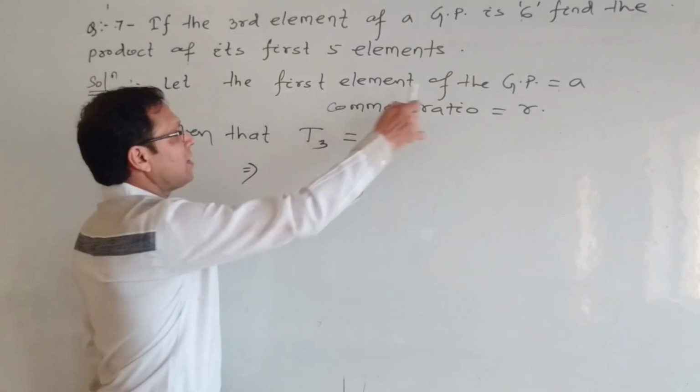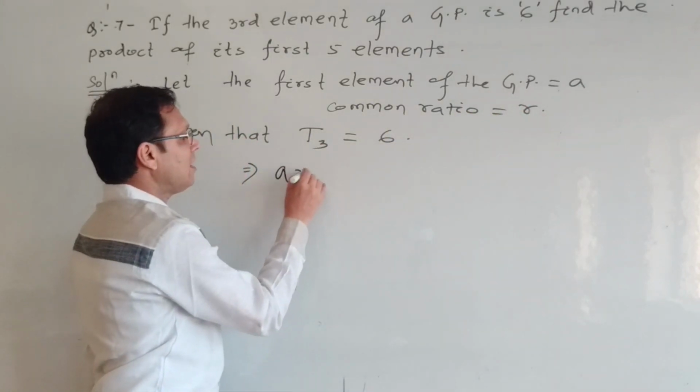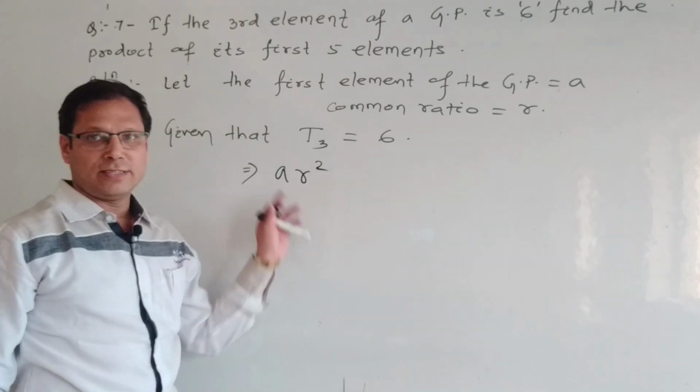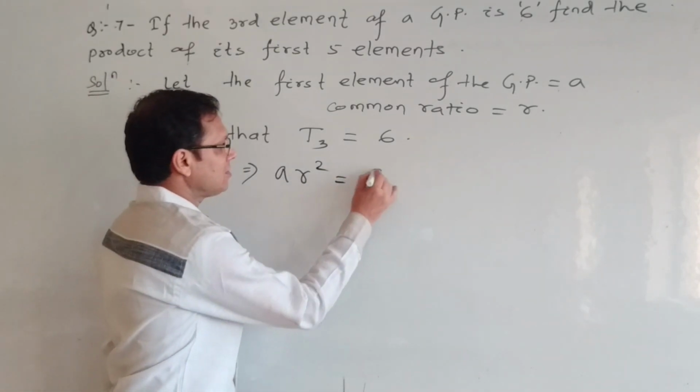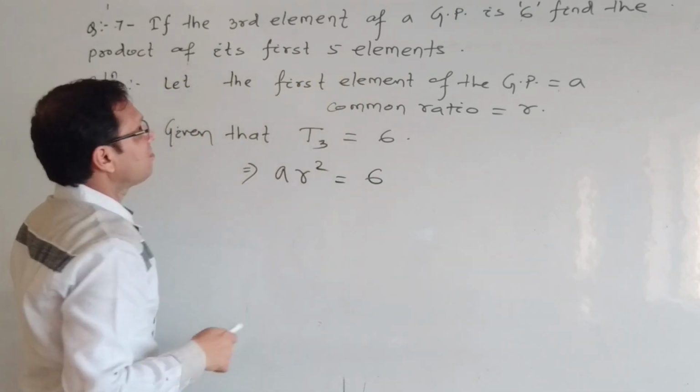If the first element is A and the common ratio is R, then T3 is equal to A R to the power 3 minus 1, that is AR square. AR square is equal to 6. Now we have to find the product of its first 5 elements.